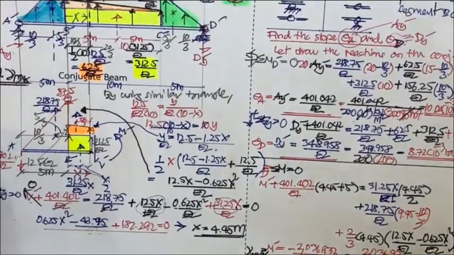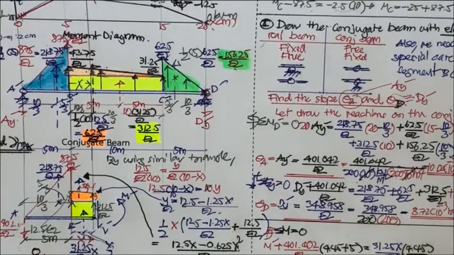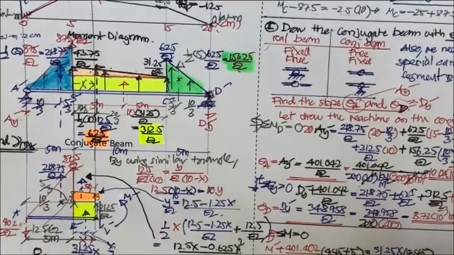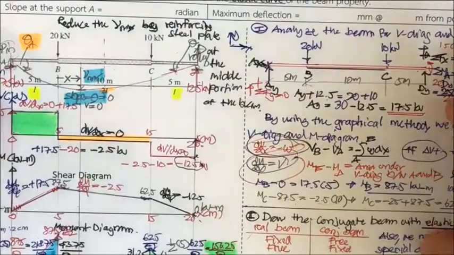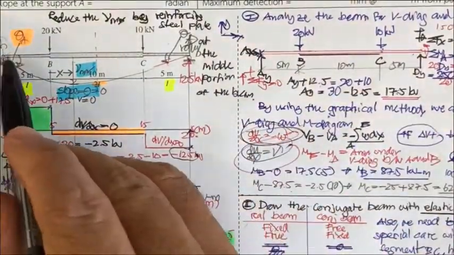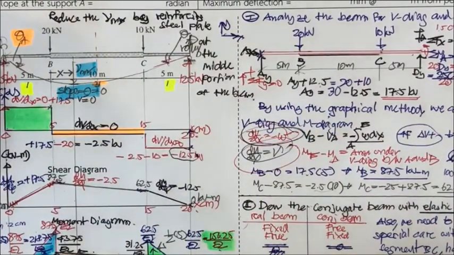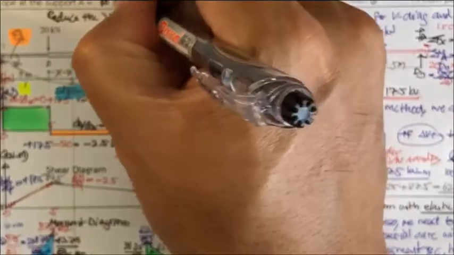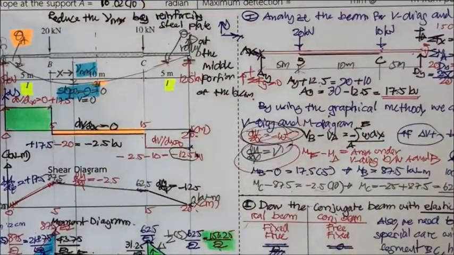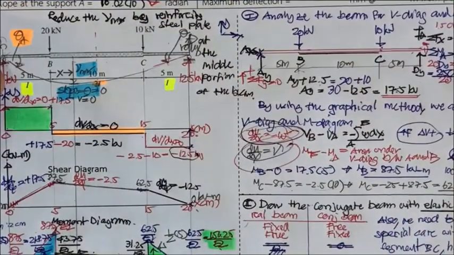And what we have from this is a beam with special section that changes with the portion of the beam. And we have the slope at the support A is going to be 10.02 times 10 to the minus 3 radian, and the direction of this is going to be something like this.